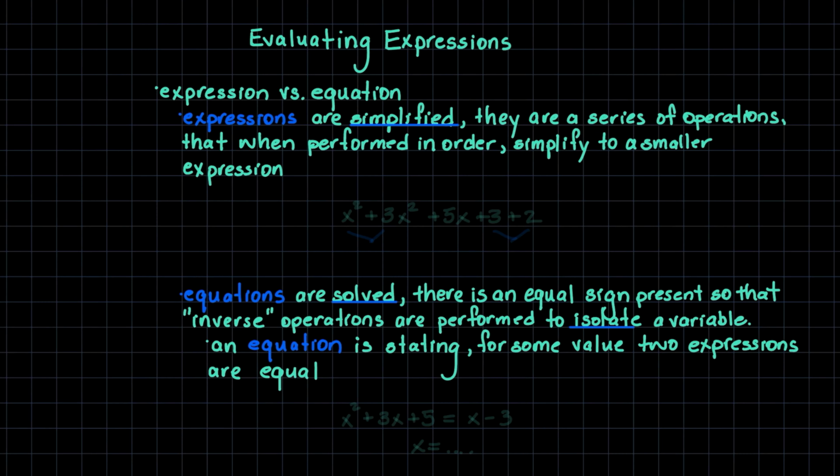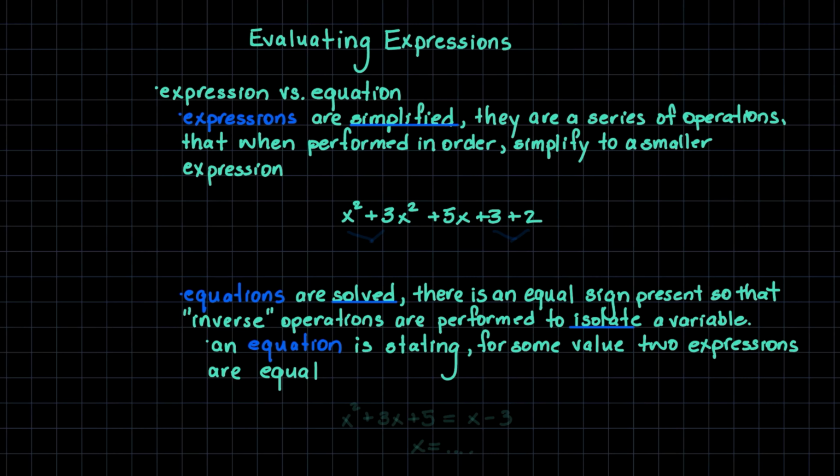Expressions are things that can just be simplified. They are a series of operations that, when performed in the correct order, simplify to a smaller expression. For example, if I had x squared plus 3x squared plus 5x plus 3 plus 2, this is just an expression.